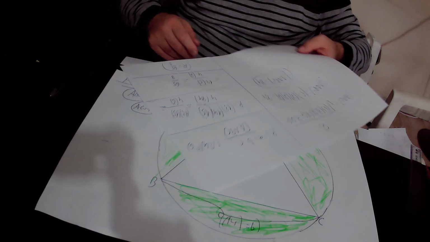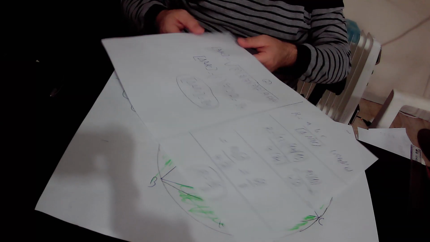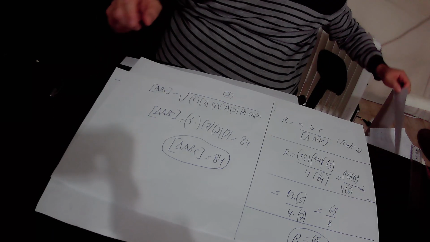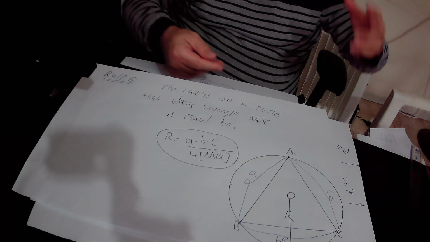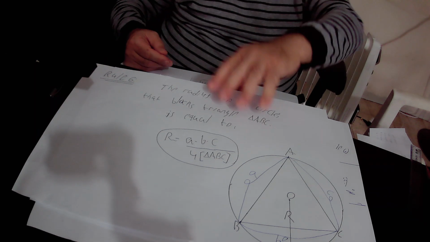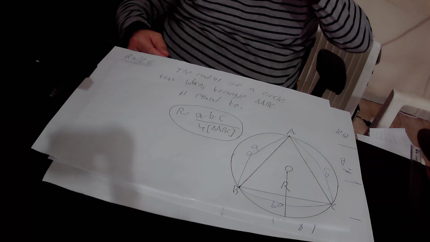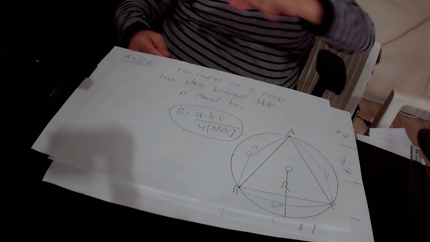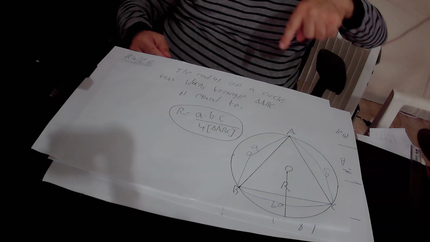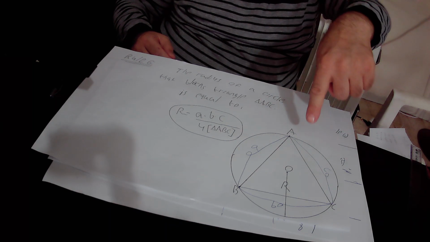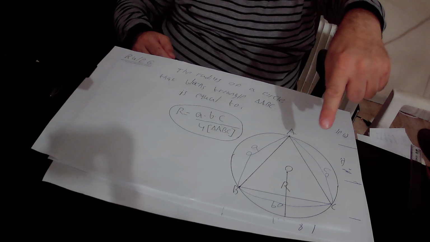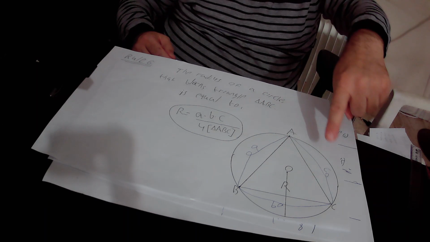Then I presented to you rule number 6. Rule number 6 talks about the radius of the circle that circumscribes triangle ABC, which could be any triangle. So we have this circle that circumscribes triangle ABC. Side AB is A units, side BC equals B units, and side AC equals C units.